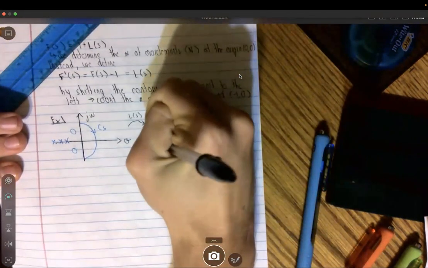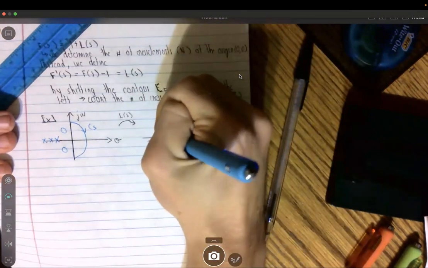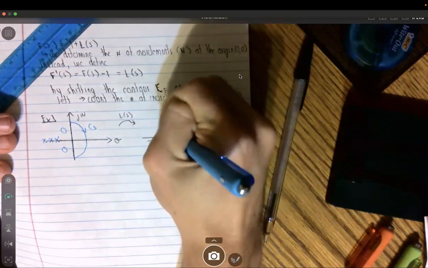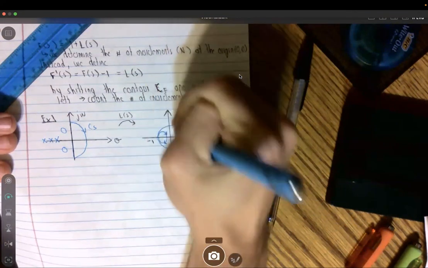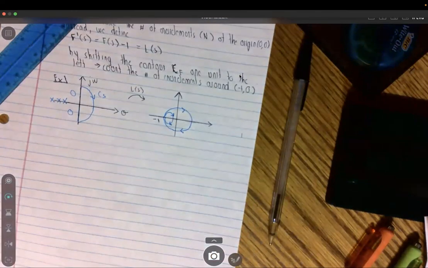And so here's our -1. The contour looks like the following. It goes in this direction and goes outwards in this direction. So we have to determine, is this system stable?